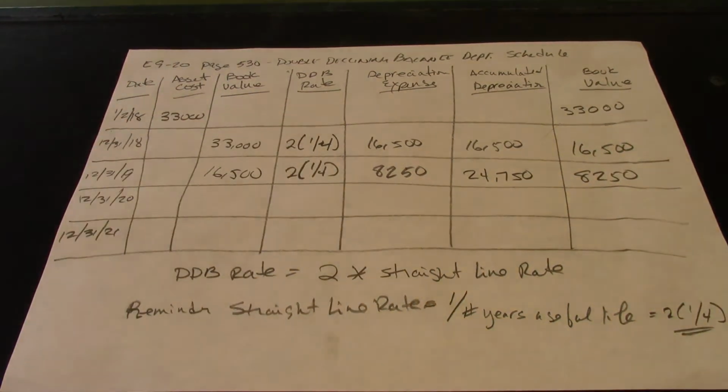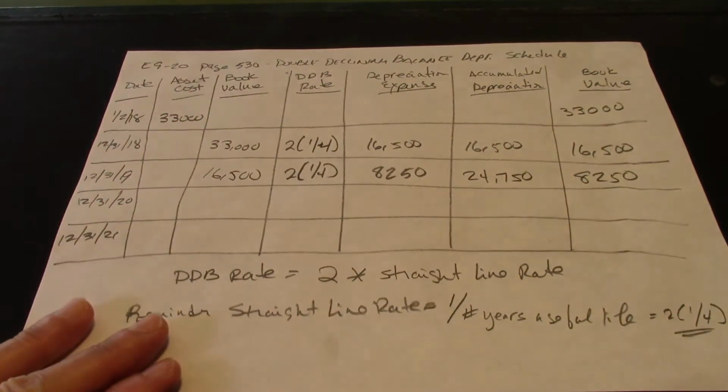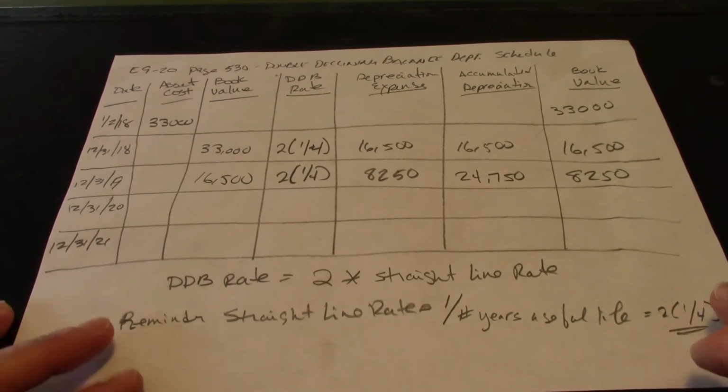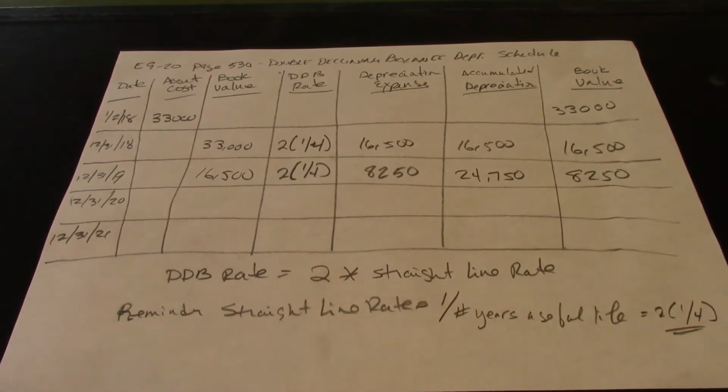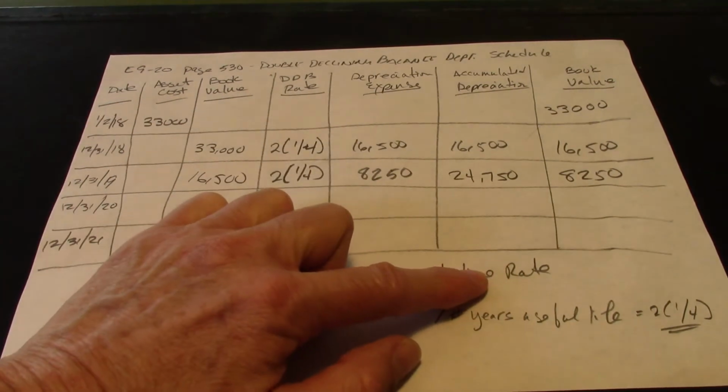All right. Now, at this point, it's kind of important to stop and take a look. As you do these double declining balances, it's depreciating fast, right? Double the rate. So you're going to get to your residual value maybe before the end of the useful life, right? So remember what our residual value was, right?